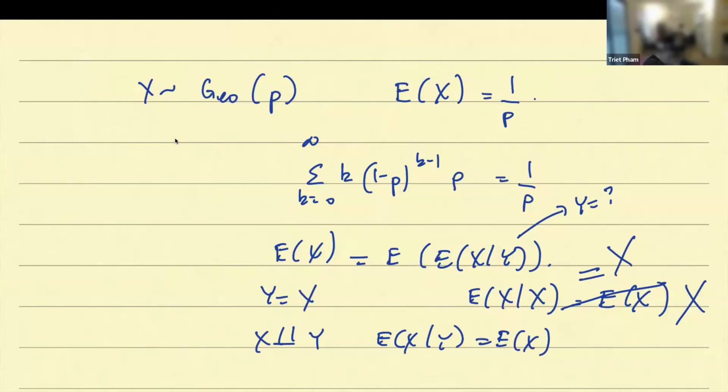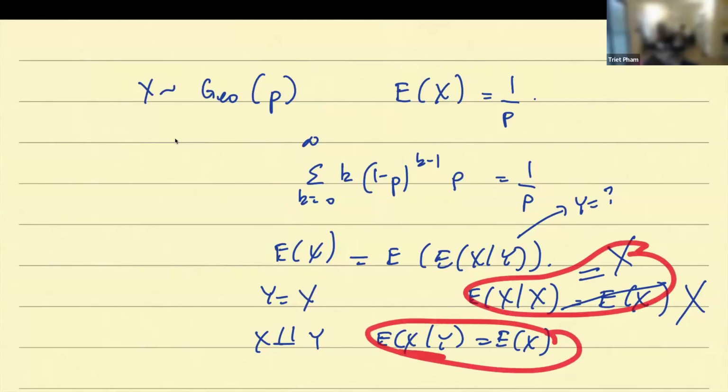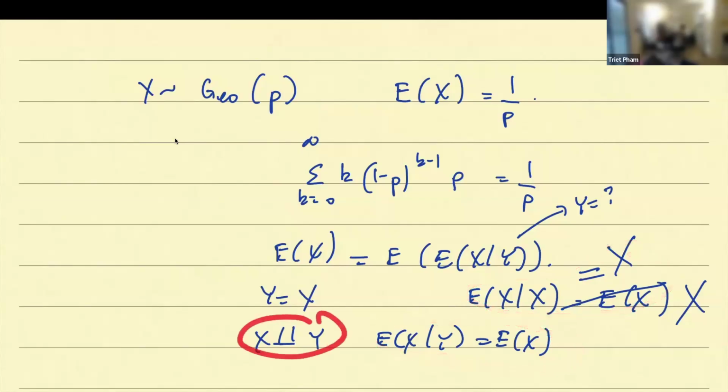These are subtle things, and that's why it's good to highlight. This is the total dependence case, and that is the independence case. When Y is independent of X, conditioning on Y gives no extra information, so the expectation of X given Y is just the expectation of X. On the other hand, when Y equals X, you have every piece of information possible.